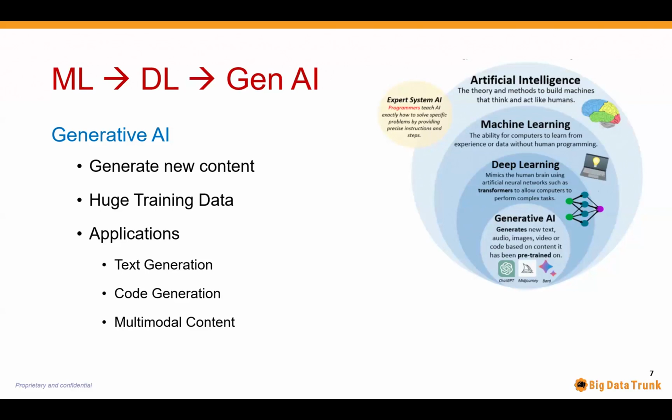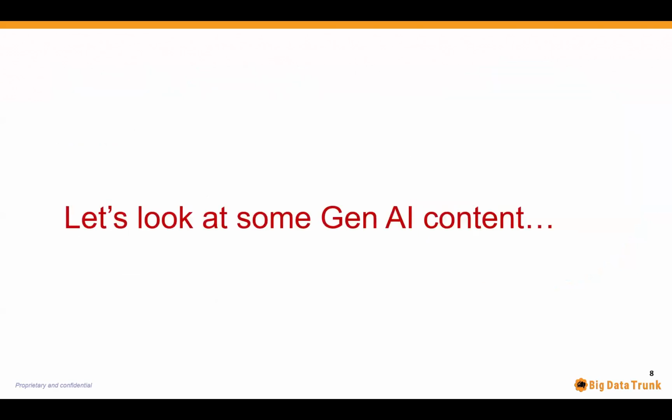In terms of techniques, it is a much smaller, more powerful subset of deep learning, and we will get to that in a little while. In terms of applications, it could be text generation, a variety of different kinds of text, or creating content in multiple modes like audio, image, video, and we'll look at some of those applications now. Okay, so let's just get started with the next part of it.